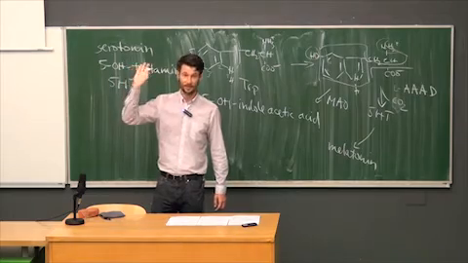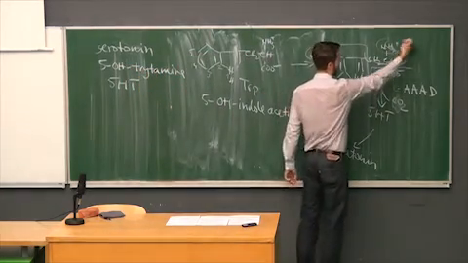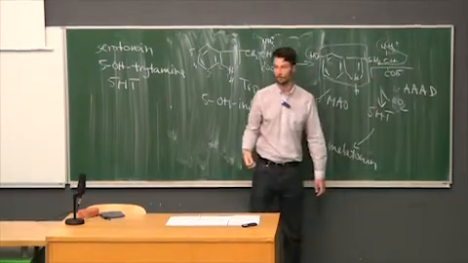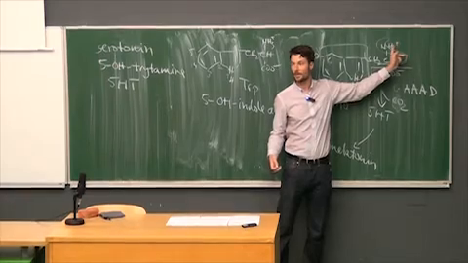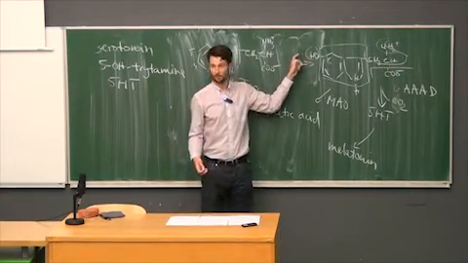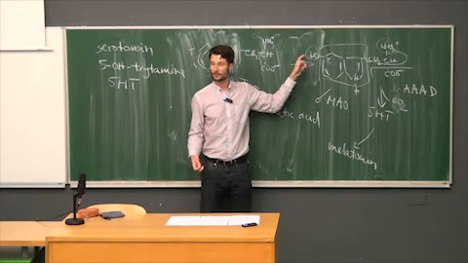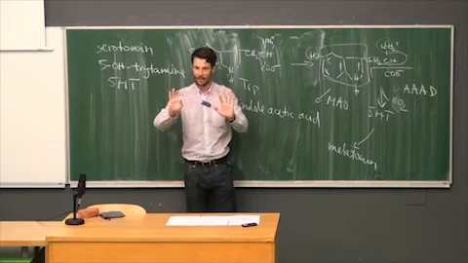I'm just going to say that it's synthesized in 2 steps. One is that we add an acetyl group onto the amino group. We make an amide. And then in the next step, we add a methyl group onto the hydroxyl. And that makes melatonin. Don't worry about it, okay?